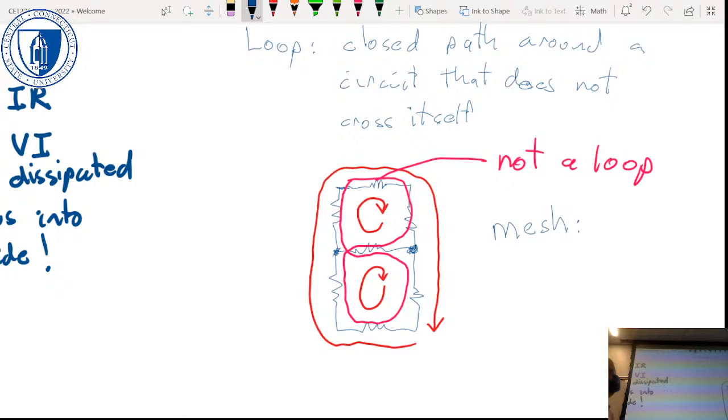Node, loop, mesh, branch. They're the four main things we use to talk about pieces of a circuit, or the geometry of a circuit. So we talked about series circuits. The other sort of circuit that we could have is a parallel circuit.